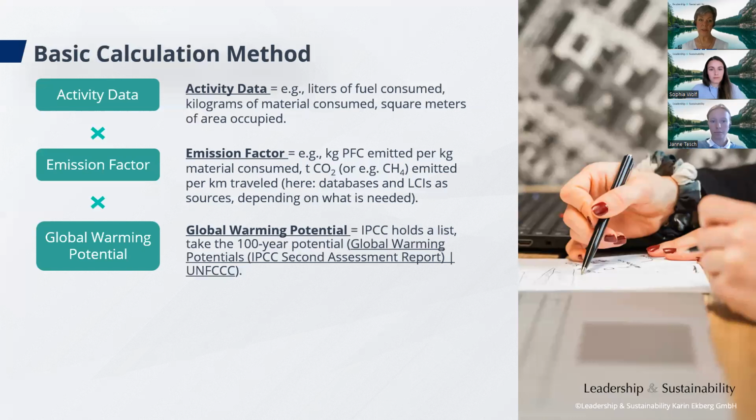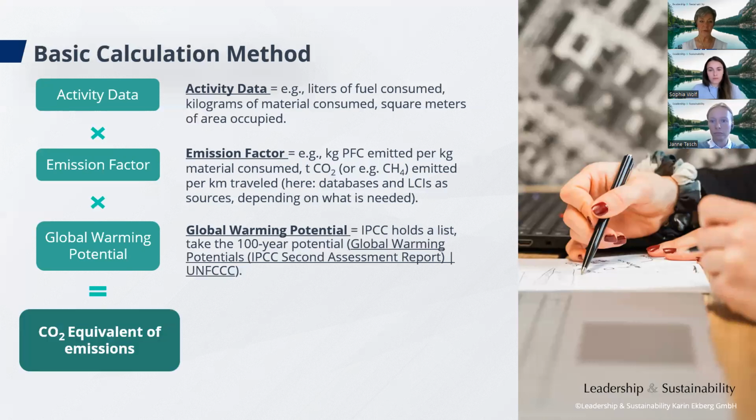So, for example, CO2 has a global warming potential of 1 at 100 years. Methane has a global warming potential of 21. So methane is 21 times higher when it comes to the potency of the emissions. And in the end, you then generate and calculate the CO2 equivalent of emissions. So this is the very, very simple and basic calculation that you have to do.